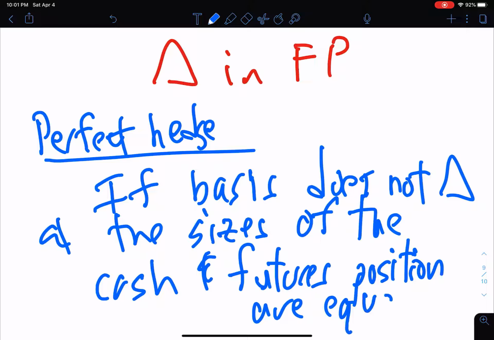So that would be a perfect hedge. Basis doesn't change, and the size of the cash and futures positions are equal.